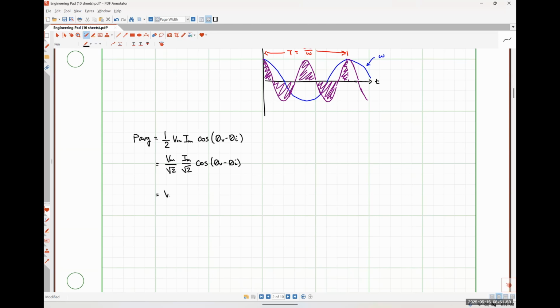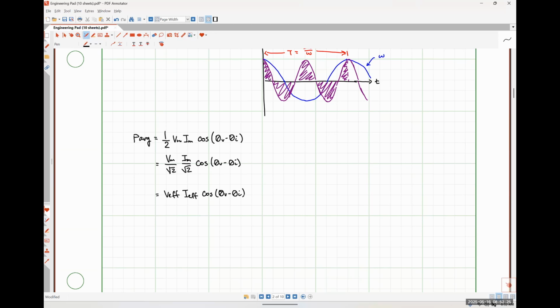So I'm going to call that V effective. Im over the square root of 2 is just the effective value of our sinusoidal current. So I'm going to call that I effective. And then we're going to have cosine of theta V minus theta I. So this allows us to calculate our average power using our effective values for these sinusoidal signals.